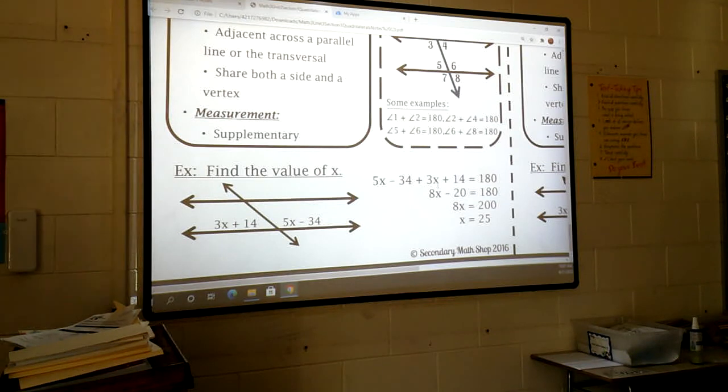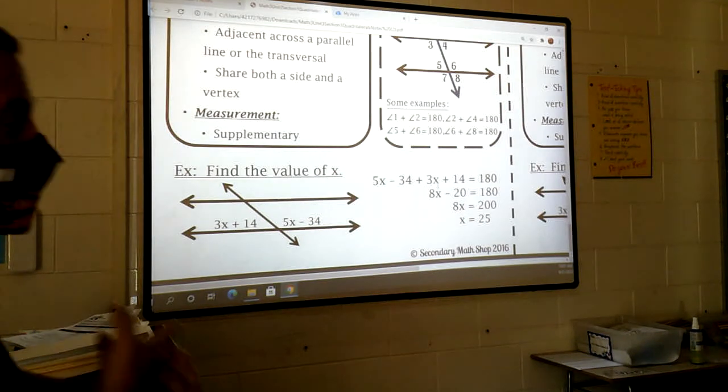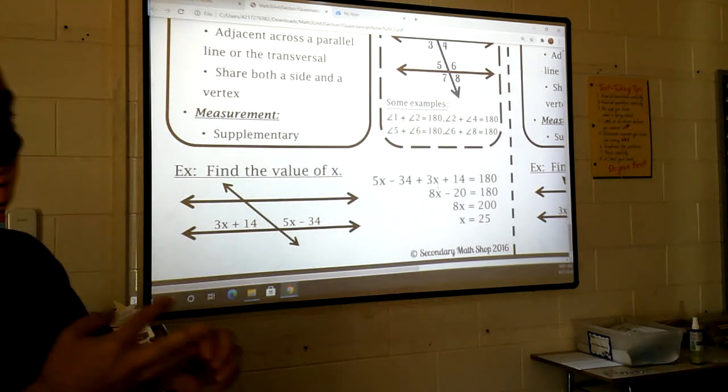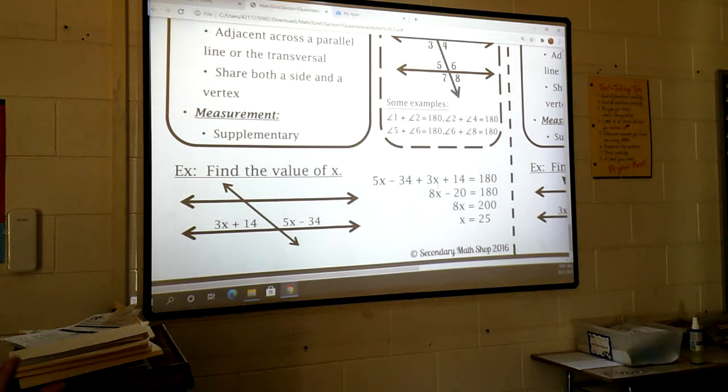So to recap that, if you have alternate exterior, they're congruent. Alternate interior are congruent. Okay? If you have a corresponding angle, it is congruent. If you have a vertical angle, they're congruent.